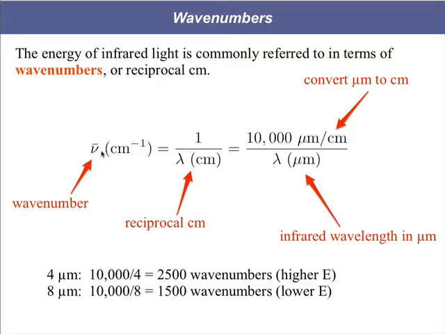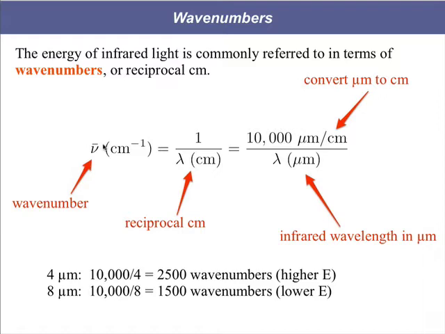This is useful for two reasons. First of all, it allows us to stop dealing with decimal numbers. For example, the difference between 4.1 micrometers and 4 micrometers might determine the difference between one type of bond and another.